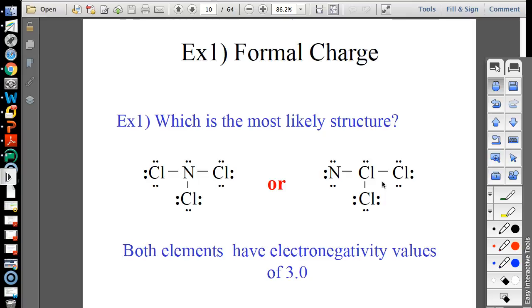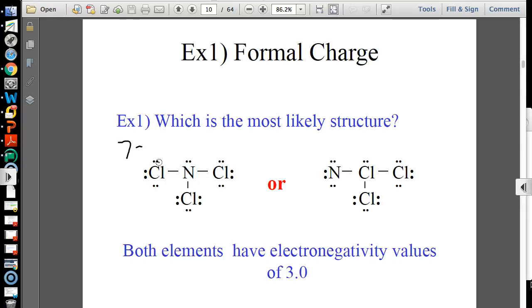The main idea is each atom in a compound should have a formal charge closest to 0. When we assign these formal charges, let me take you through this. Chlorine has 7 valence electrons. Now I'm going to count the sticks and berries: 1, 2, 3, 4, 5, 6, 7. So the formal charge on this chlorine is 0.